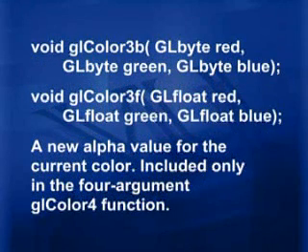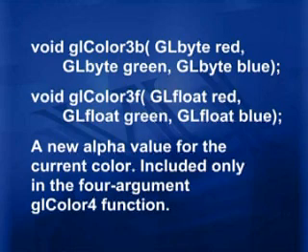Look at the syntax for glColor3b. Void glColor3b, GLbyte red, GLbyte green, GLbyte blue. And now you can make sense of why the name contains the number 3. glColor3b is for specifying the RGB colors, and these are specified as a byte each.